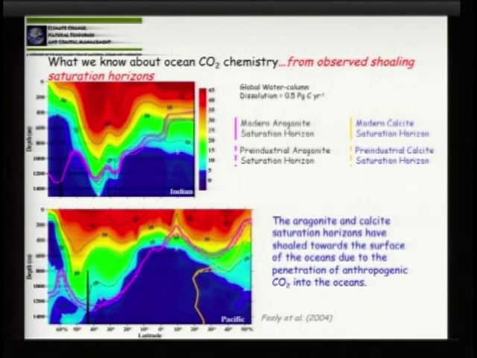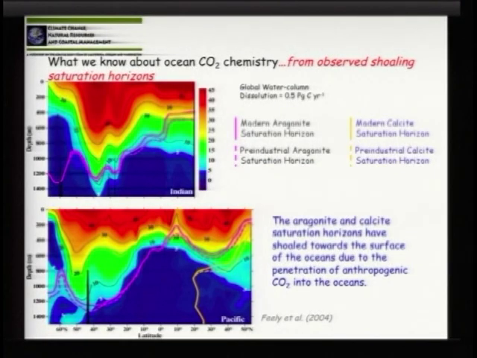This anthropogenic CO2 is causing a shoaling of the aragonite and calcite saturation horizons towards the surface. So where this corrosive water is approaching, we are already seeing the effects of anthropogenic CO2 on the corrosiveness of the water towards the surface.